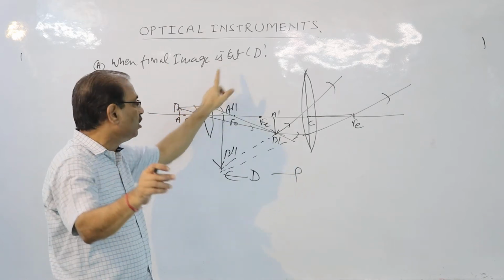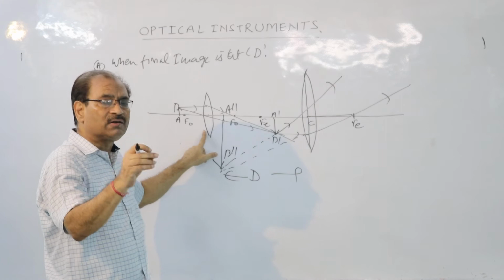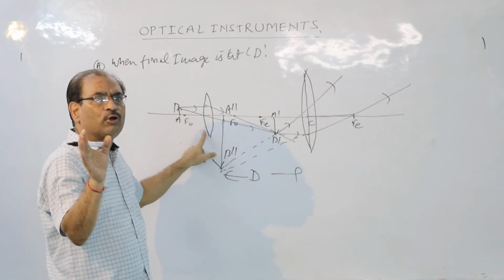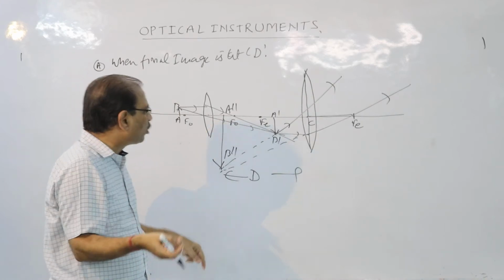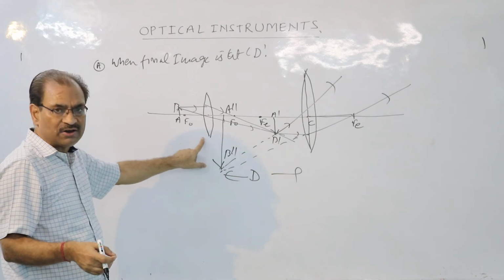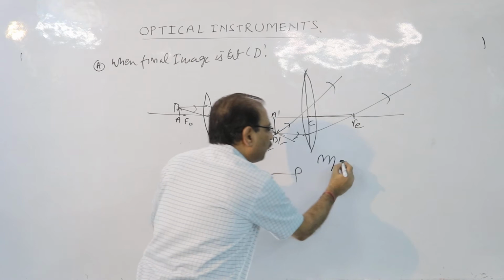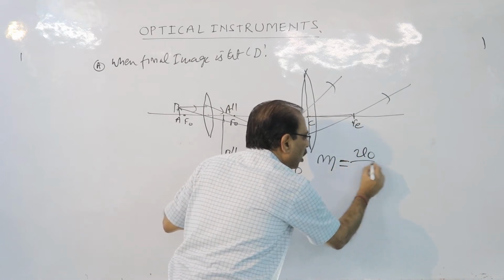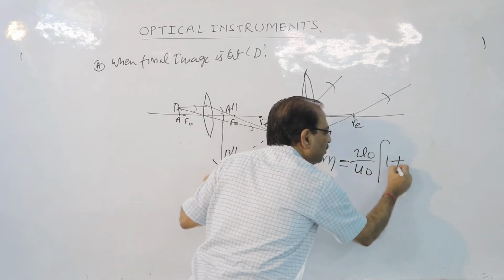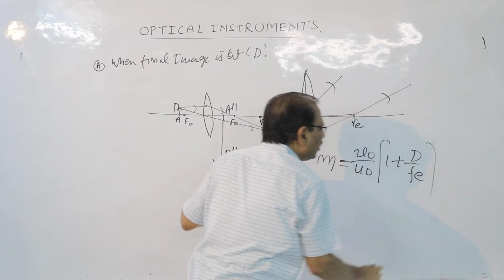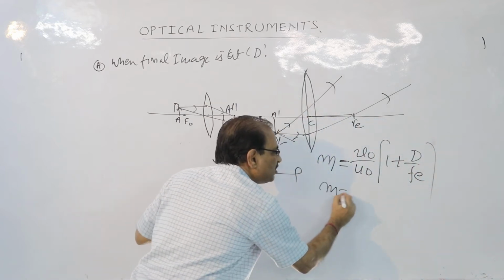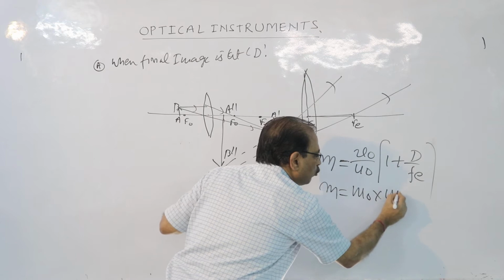Need not tell you, this diagram is extremely important. The question can come for 2 marks in your board examination. Another important thing is magnification. Children, here is the simple magnification. The formula is M equals VO upon UO into (1 plus D upon FE). That is, you can say M is equal to MO into ME.